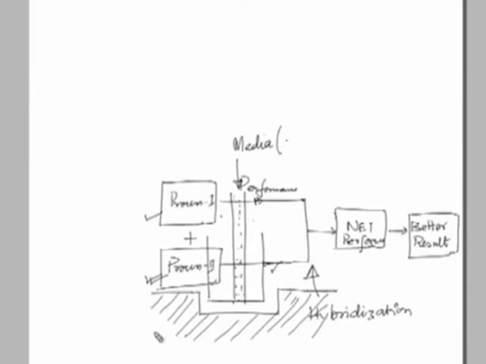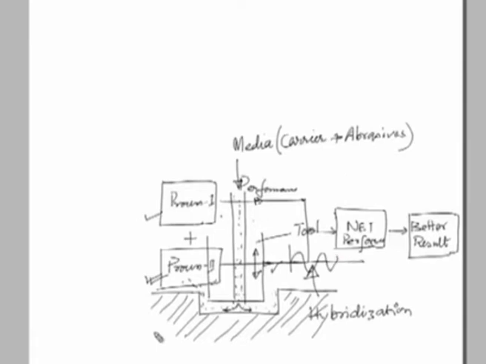This media means carrier, as we have already seen, carrier plus abrasives, and then this media after coming out through this will flow like this, take the part like this, and this tool can be made to oscillate in a particular fashion.